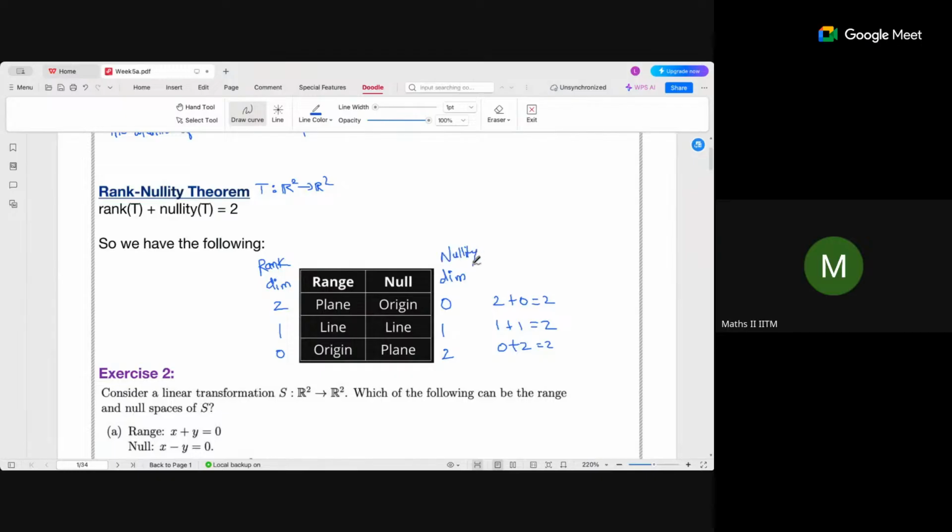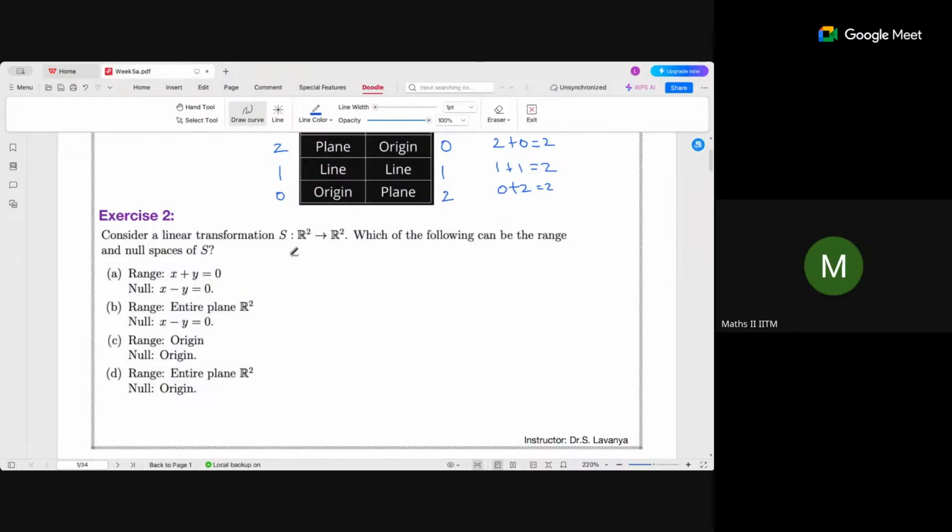All right. Now consider a linear transformation S from R2 to R2. Which of the following can be the range and null space of S? So here this represents a line, this represents a line. So line and line, is it possible? Yes, ma'am, it is possible.